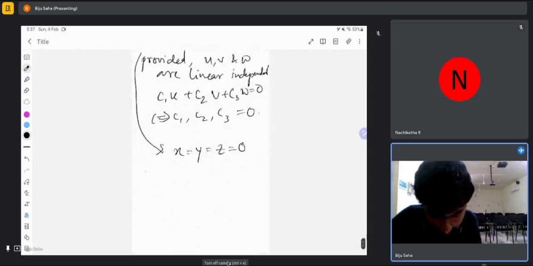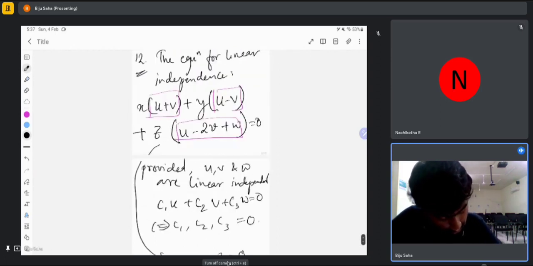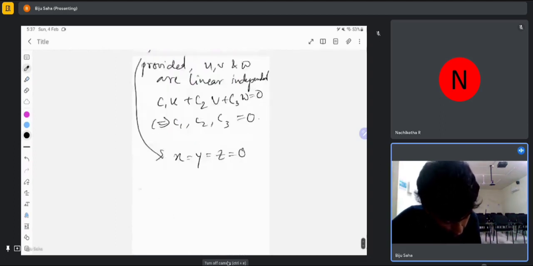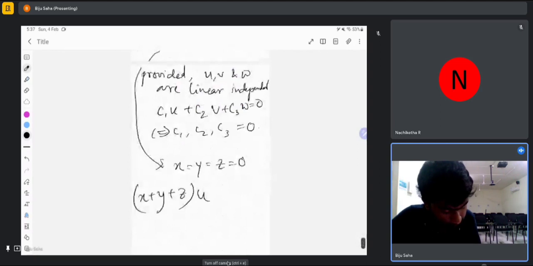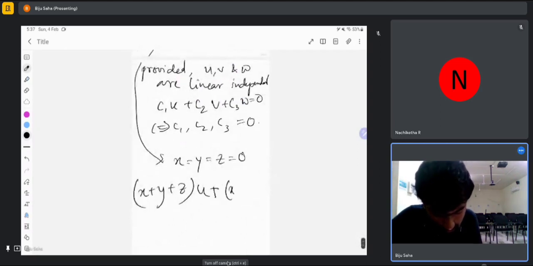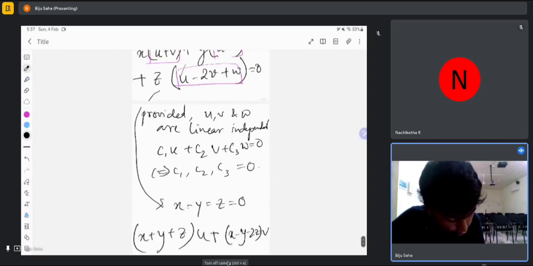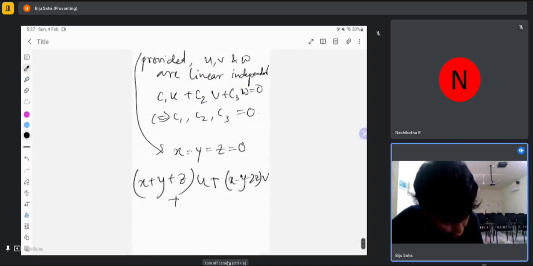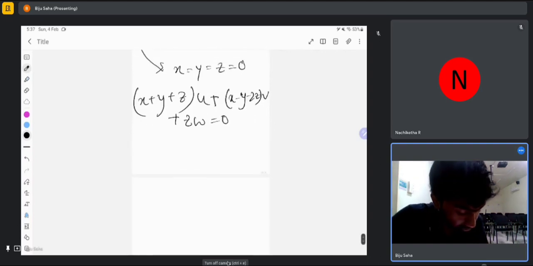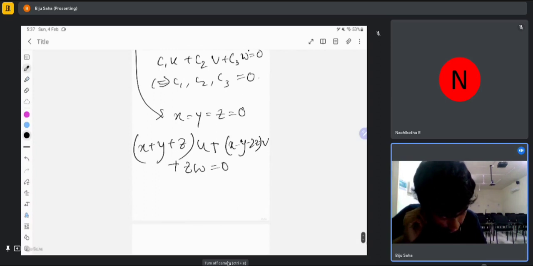When I separate out u, it is x plus y plus z times u. Similarly, I can separate out v, and w is only there in the last term. So these are my equations in terms of u, v and w.